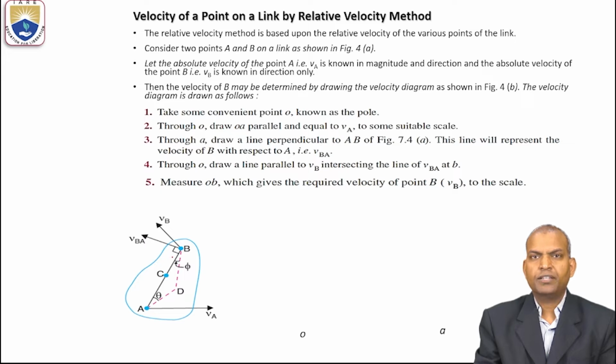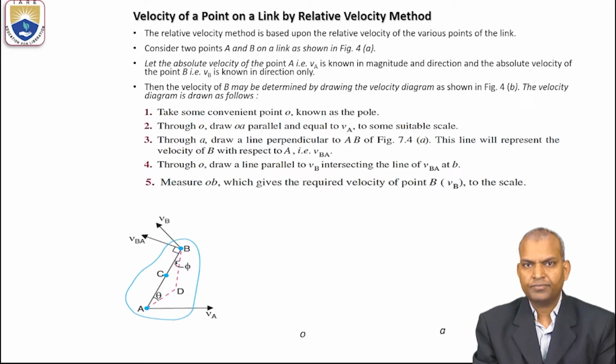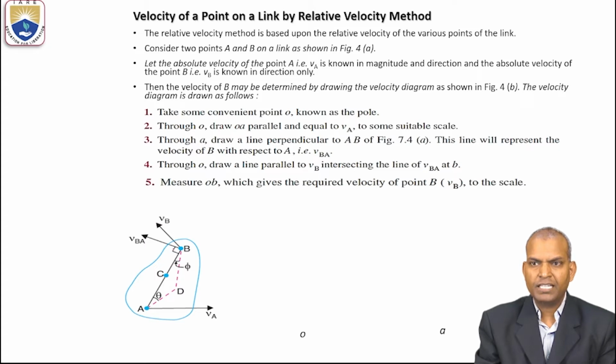Now, here we are going to find out the velocity of a point on a link by the relative velocity method. The relative velocity method is based upon the relative velocity of various points on the link.